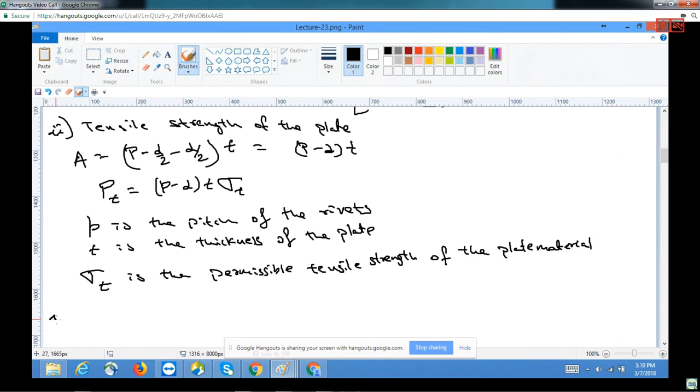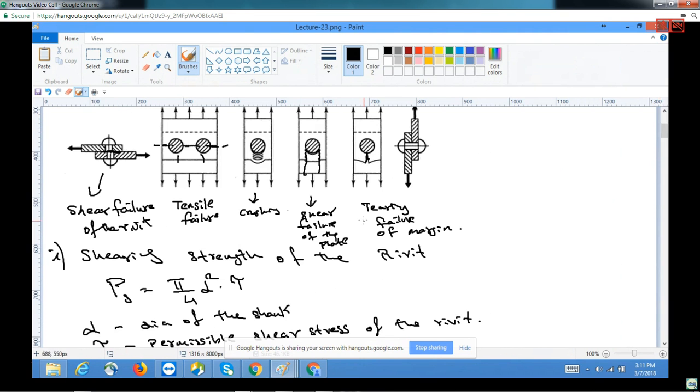The third, and most important, is the crushing failure. This is the crushing failure of the plate.